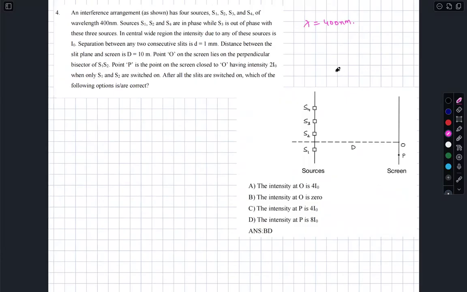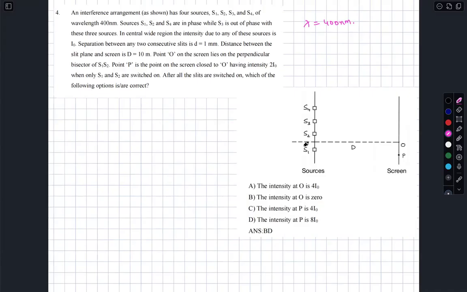S1, S2, S4 are in phase, while S3 is out of phase. Means by default, at the starting itself, they bear a phase difference of pi. Separation between any two slits is 1 mm.